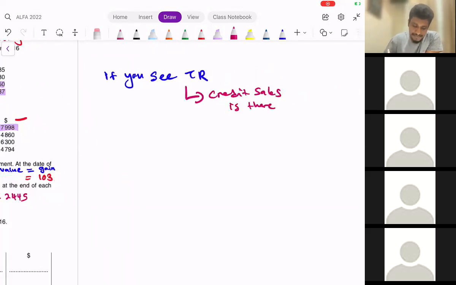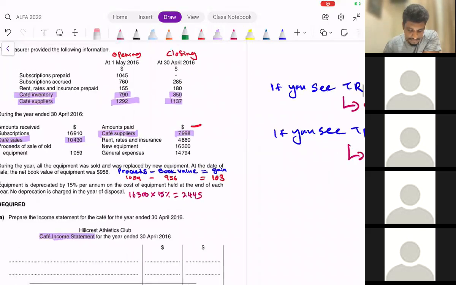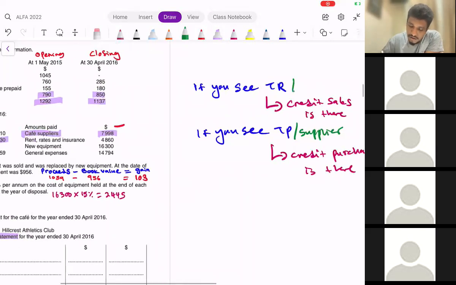You need to calculate. If you see trade payable, credit purchases is there. You need to calculate. Another name for trade payable is supplier or supplies. Another name for trade receivable is the customer, like credit customer.